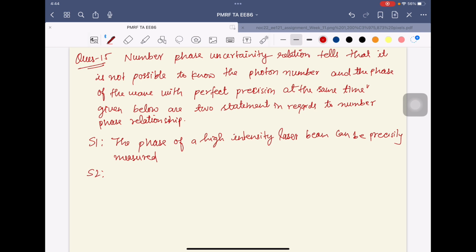And S2: the exact number of photons in sub-Poissonian light can be counted.